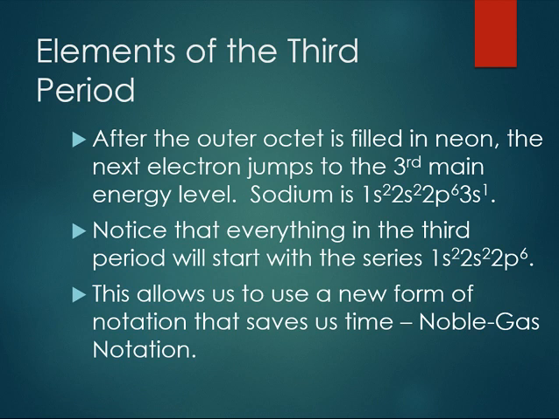Notice that everything in the third period starts with the series 1s2, 2s2, 2p6. Everything across the periodic table in n equals 3, or the third period, starts with that same sequence. This allows us to move into our next and final notation that saves us a lot of time, called the noble gas notation. We'll get to that in a second.